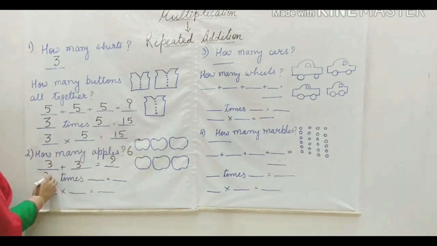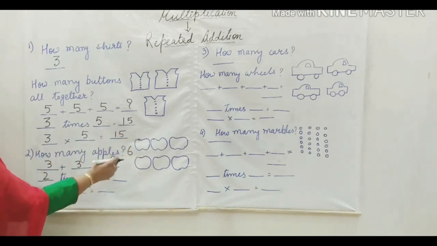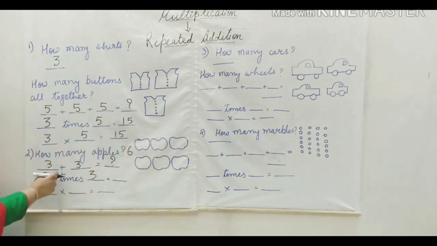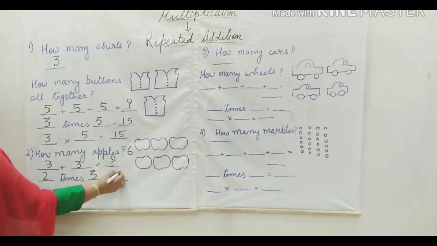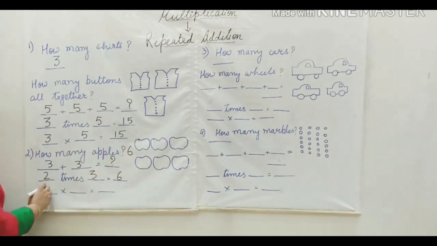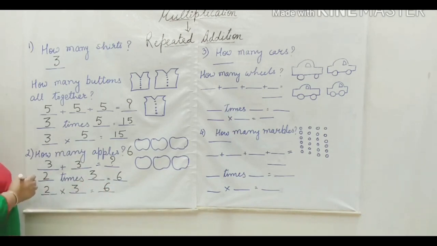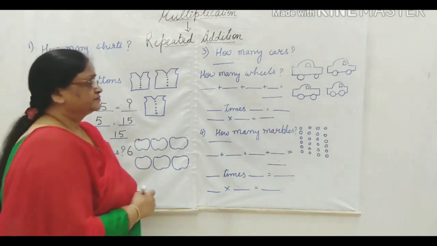We have got 2 times 3. 2 rows are there. So 2 times 3 is 6, or what we can do? 2 multiplied by 3 is equal to 6. Understood?